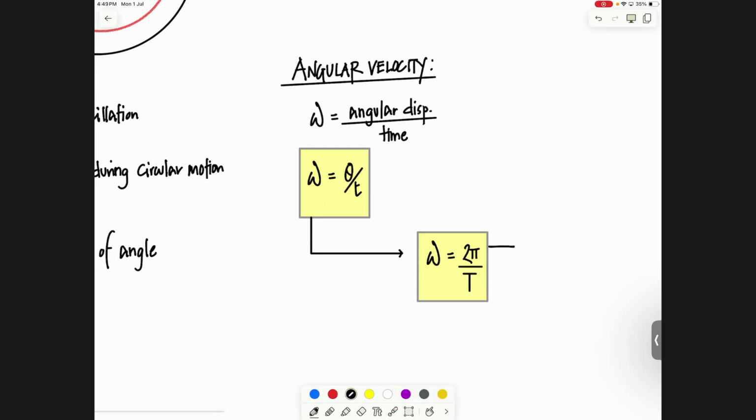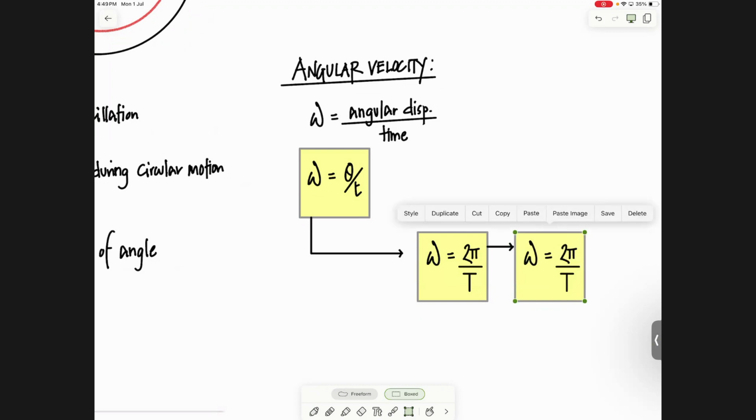There's an alternate to this equation, which often comes in handy, but I think you can figure it out. Can you tell me what this can also be written as? Is it possible to simplify it another way? Look at the equation. There's something here that you can simplify, or represent differently. My 2 pi by T formula.